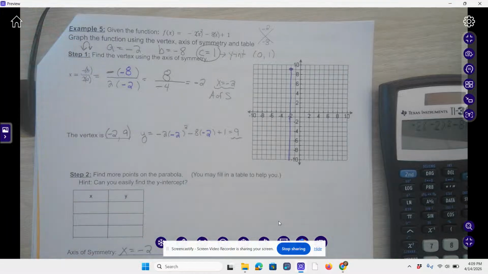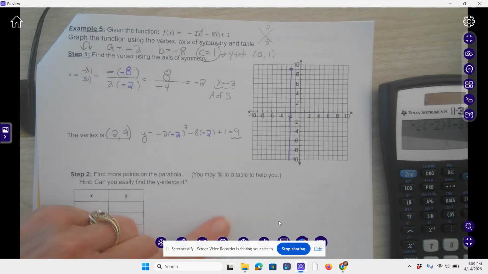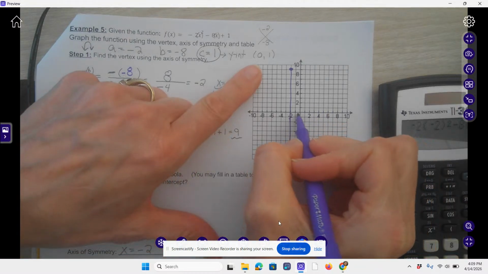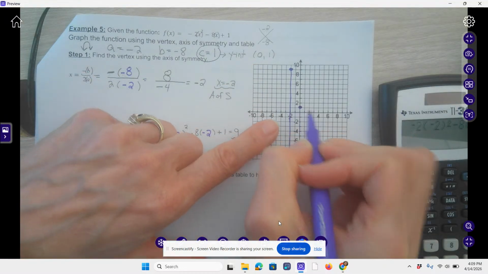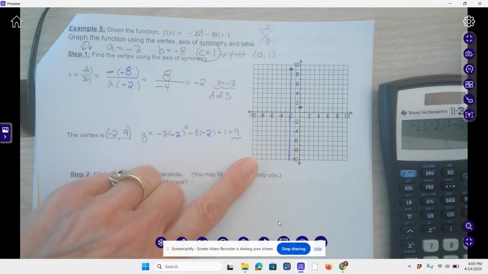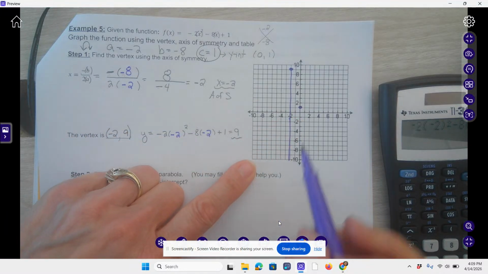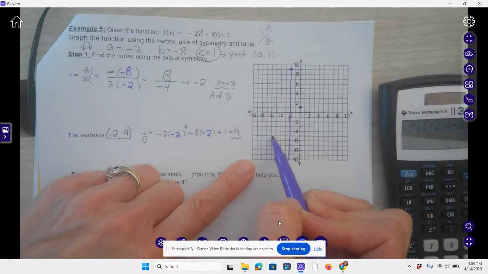So this is another point we can graph, and then maybe we won't even have to put 2 points in our table of values. So let's plot this point over 0, so don't go right or left, go up 1. So that's another point on our parabola. And that makes sense, right? Because it's downward facing.